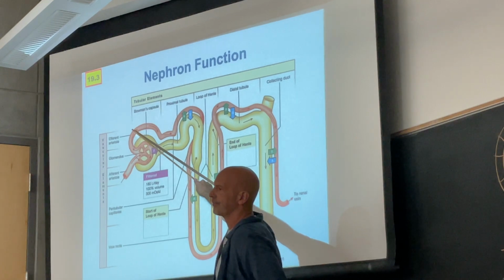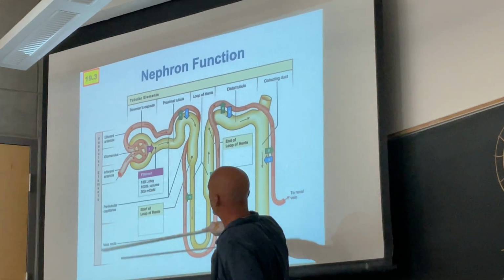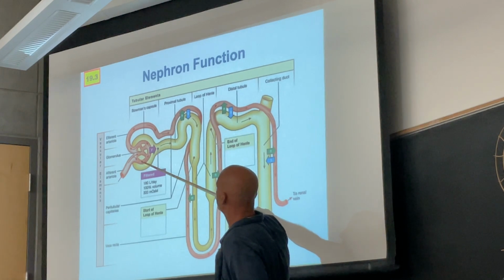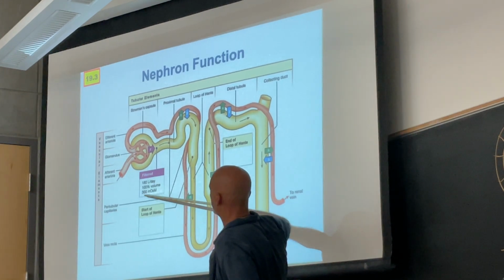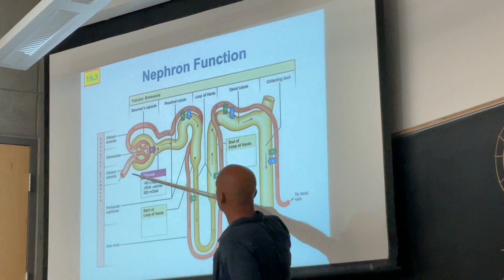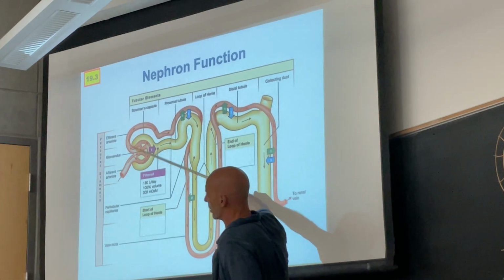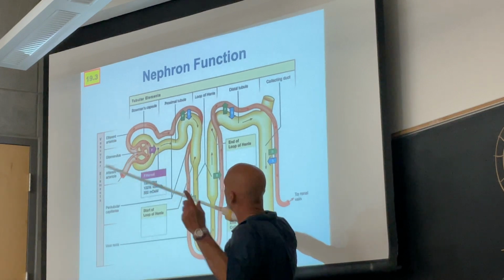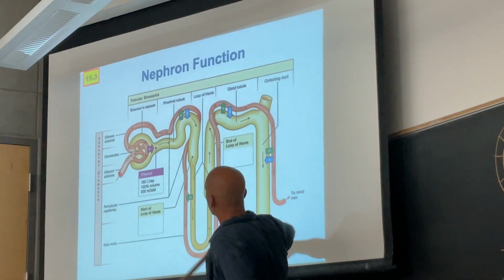And that filtrate made, 180 liters a day, is the same osmolarity as the blood. It's going to be the same because it's just plasma, not everything. But there's about 180 liters a day.